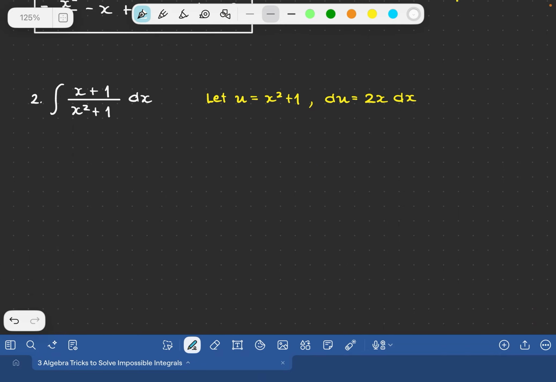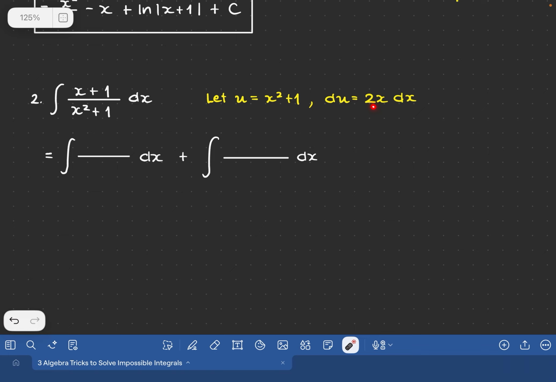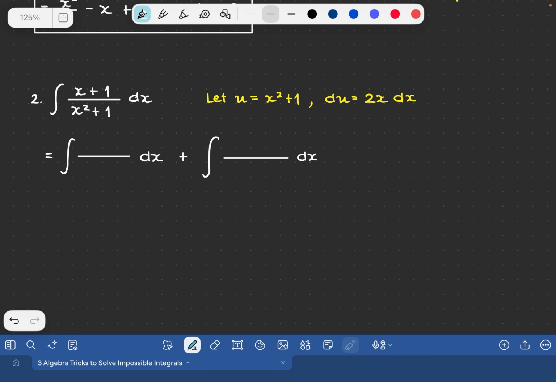What I mean by that is we can express this as two integrals wherein we will force x dx to come out.